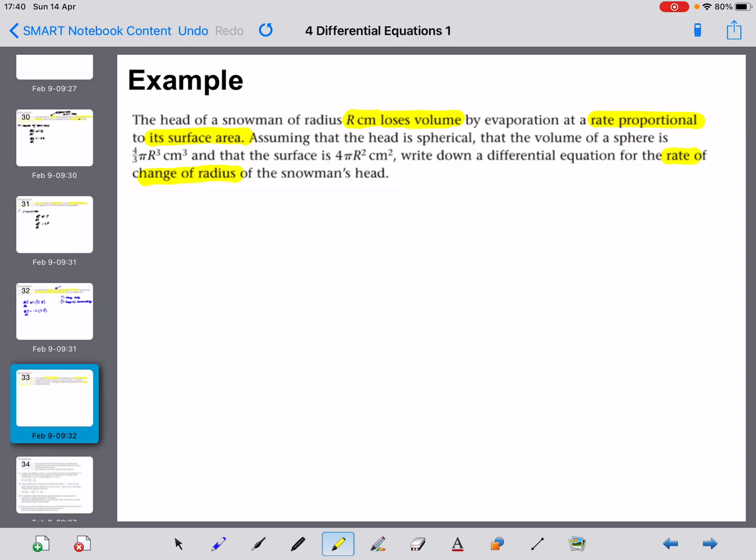Okay, so the first sentence and the last part of the second sentence are to do with the rate of change. The middle bit is just giving us some formulae for the sphere. So I've not highlighted anything in the middle. It's the bits at the start and the end that are going to help us form our equations.